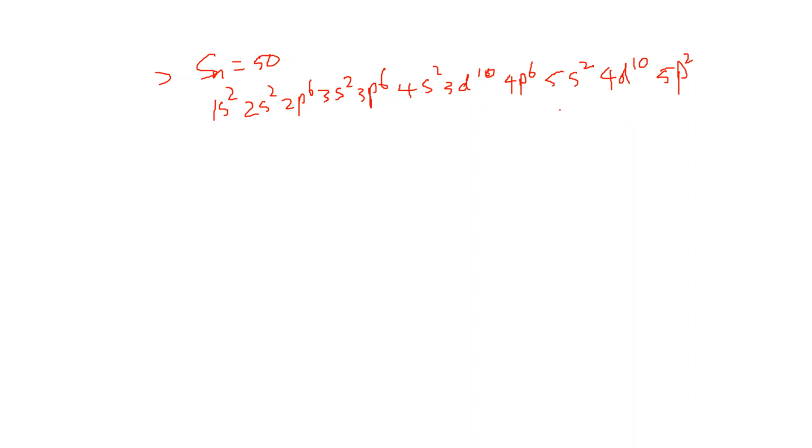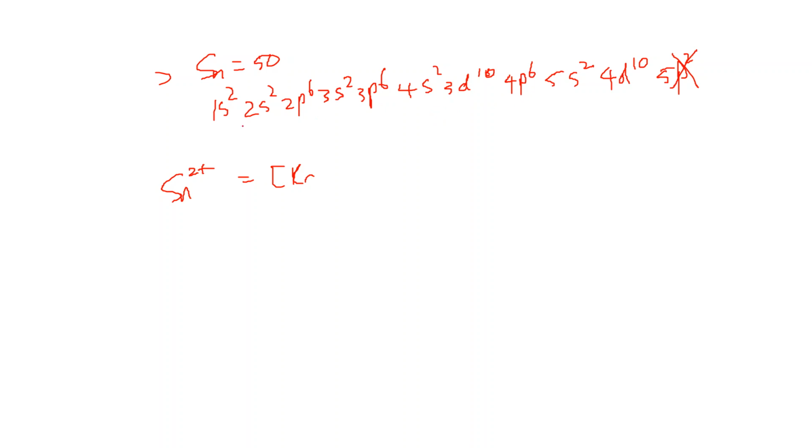So to get tin 2 plus, basically we're going to lose 2 electrons. So that means this orbital will go. So basically the rest of this would be the electronic configuration of tin 2 plus. And in order for us to determine the abbreviated version, the group 8 element that precedes tin will be, according to my periodic table, krypton. So the electronic configuration of krypton would be represented by 36, everything up to here.